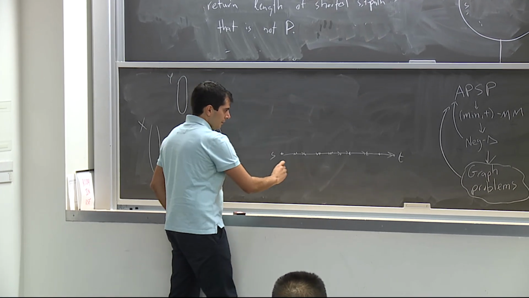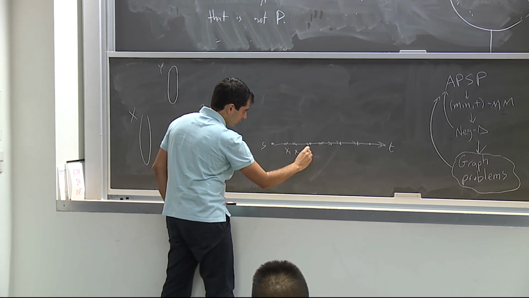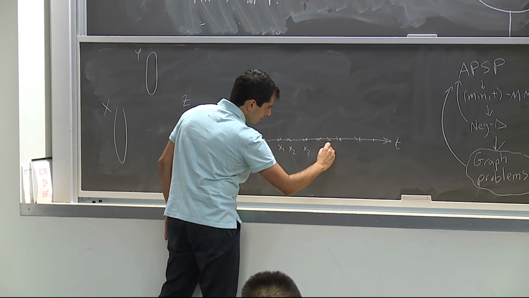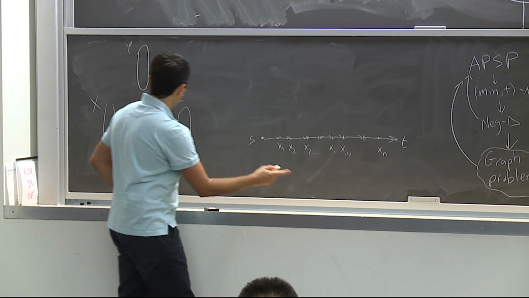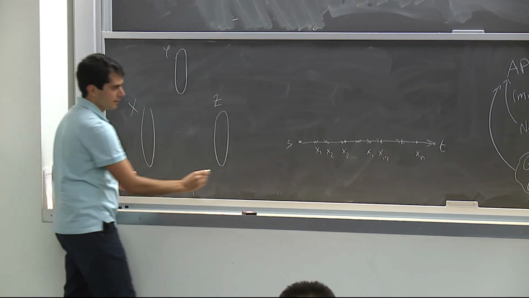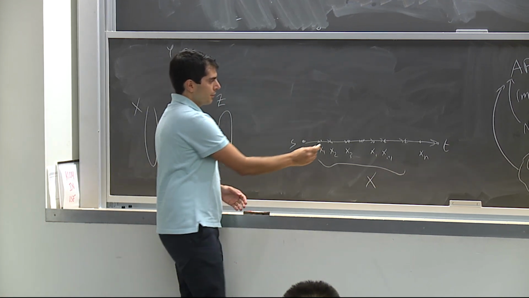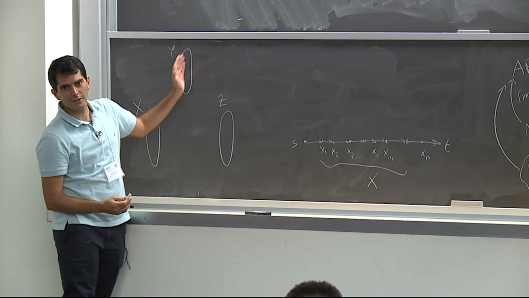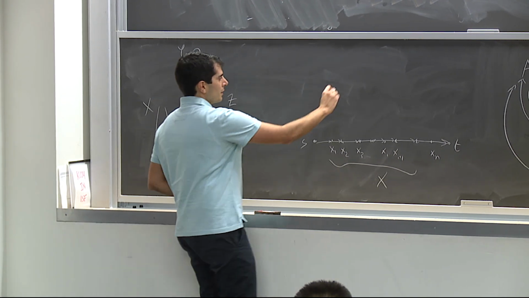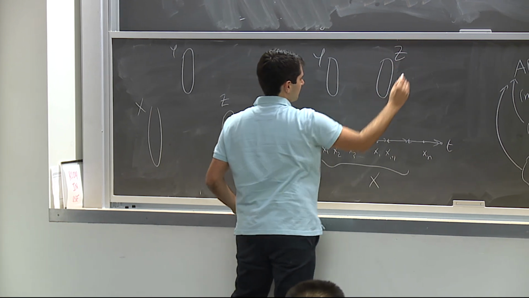So let's call these nodes x1, x2, x3, xi, up to xn. So these would correspond to these nodes. So this is going to encode x. And then when you are here and then you exit, it should be like you're going to y. So let's make a copy of y, a copy of z.